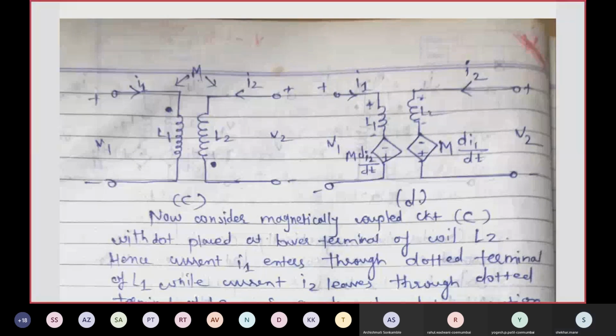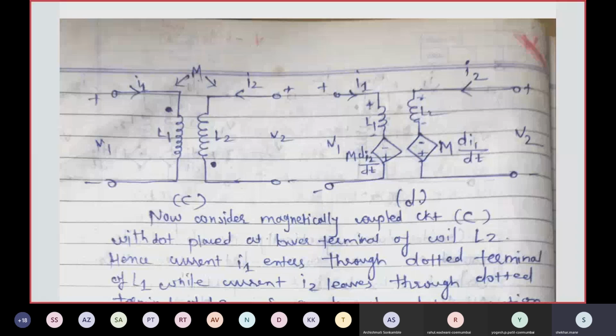So now you can see here two coils are there. In one coil, coil 1, current is entering into the dot, and in other coil, current is leaving. Because one dot is present on the upper side and in coil 2 the other dot is present on the lower side, the current directions are up to down.